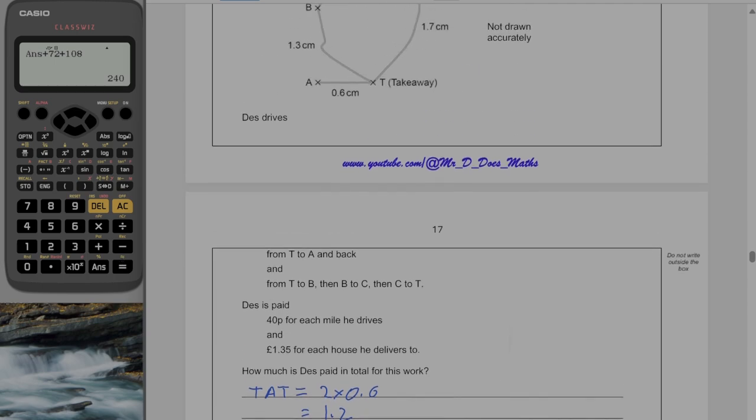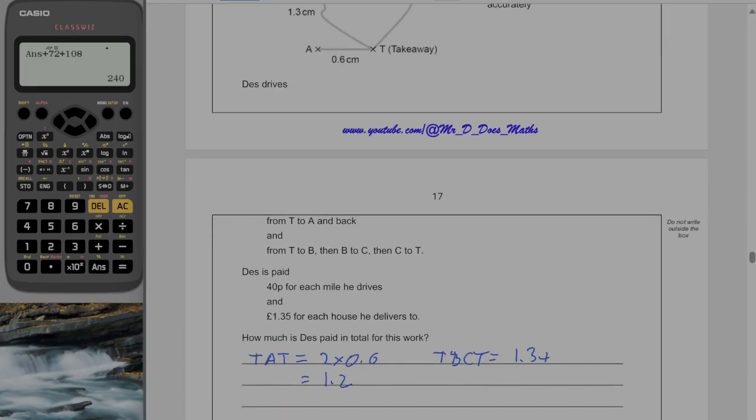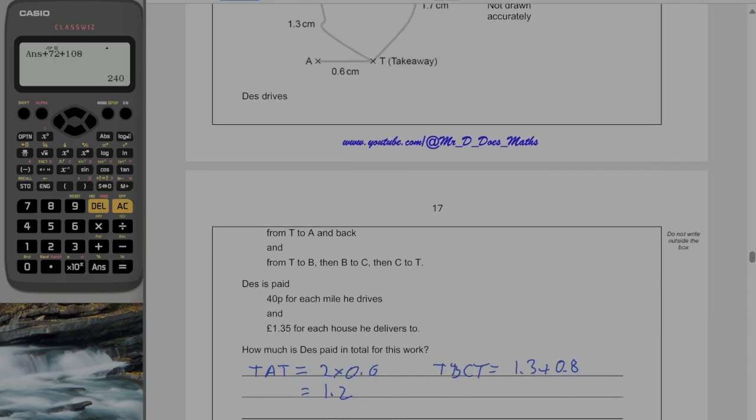We'll do it here, just so I've got enough room. T to B to C to T is going to be 1.3 plus 0.8 plus 1.7. We'll double check that though.